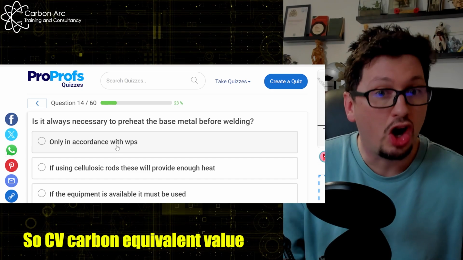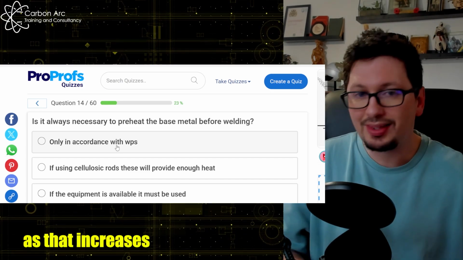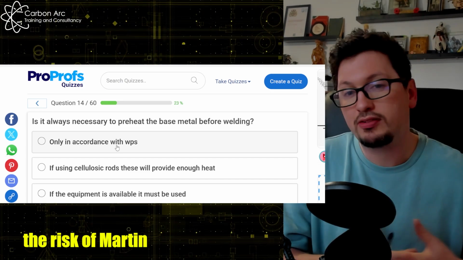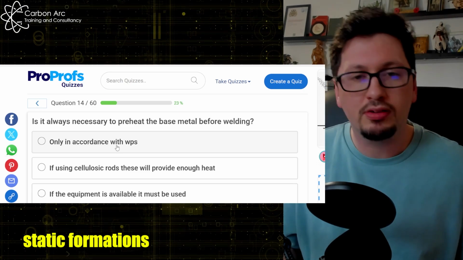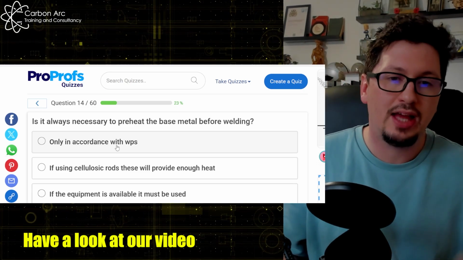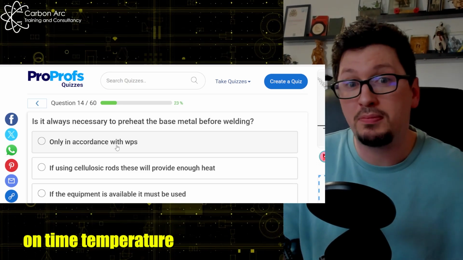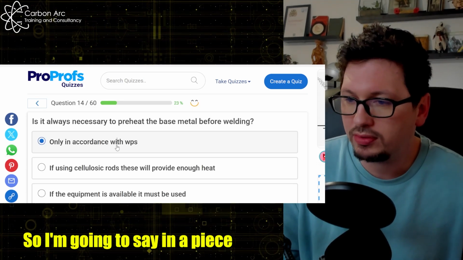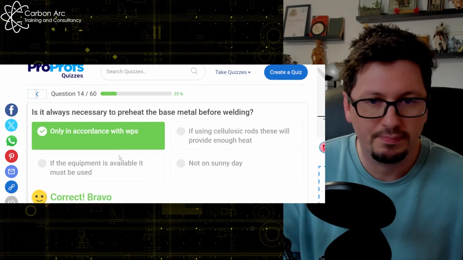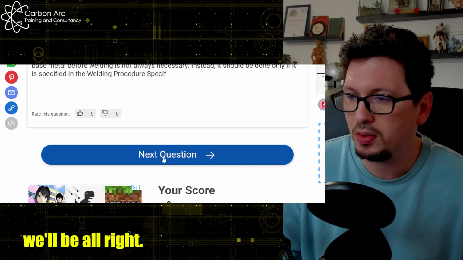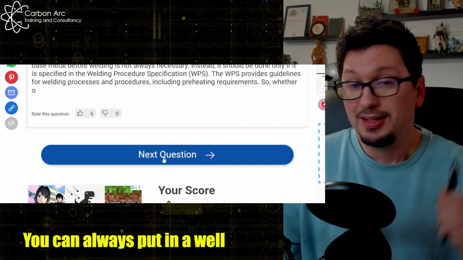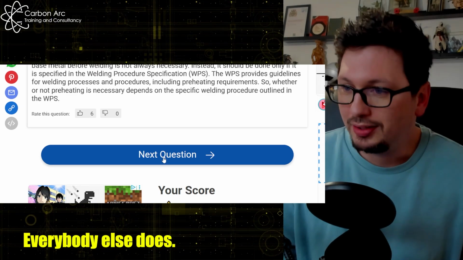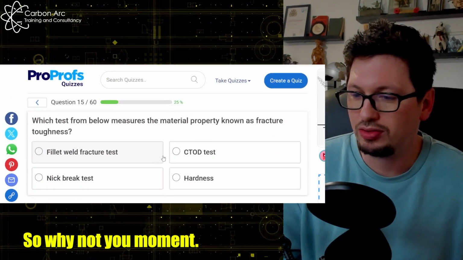As CEV, carbon equivalent value, increases, the risk of martensitic formation is increased. Have a look at our video on time temperature transformation graphs. So I'm going to say in accordance with WPS. Follow that and we'll be all right. You can always blame the welding engineer if it goes wrong. Everybody else does, so why not jump on it?